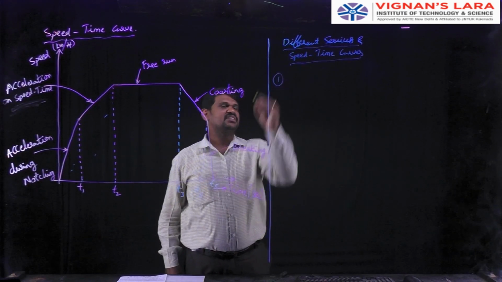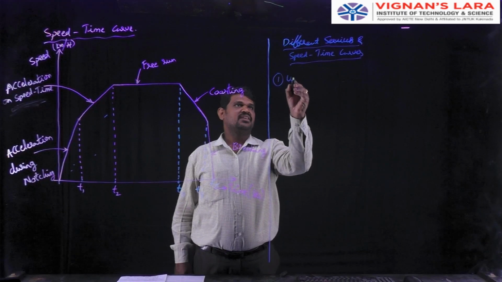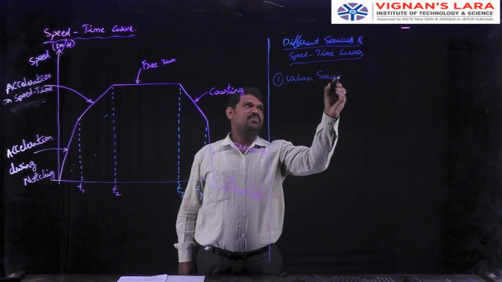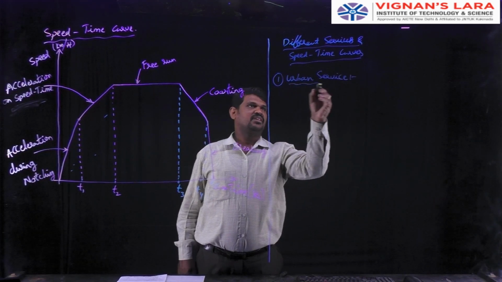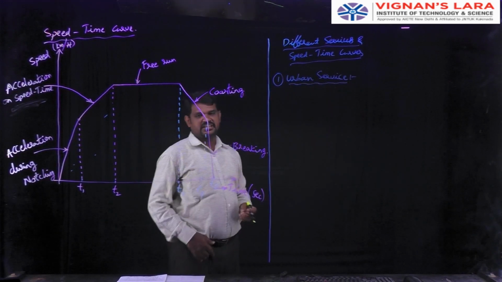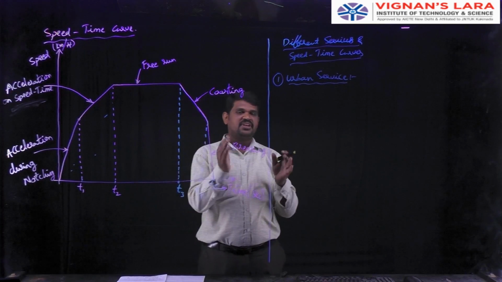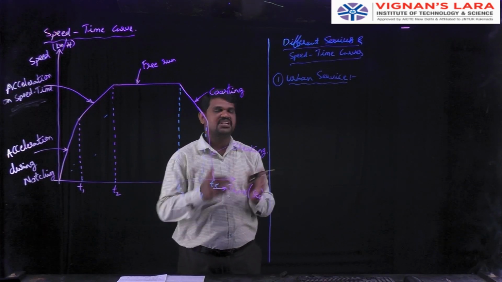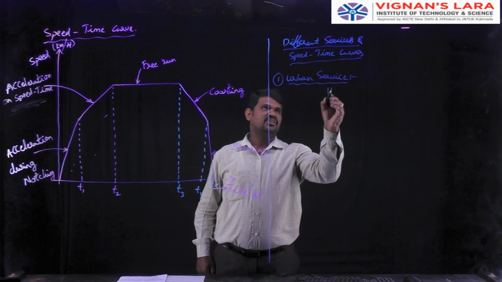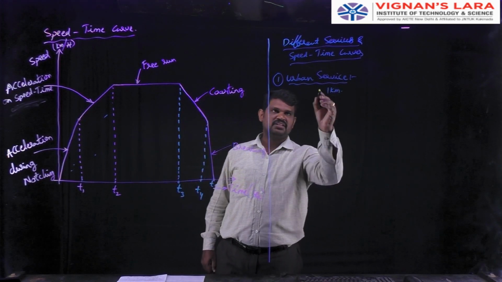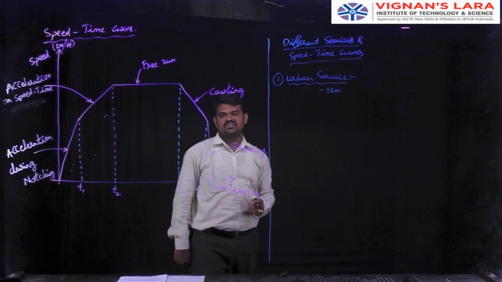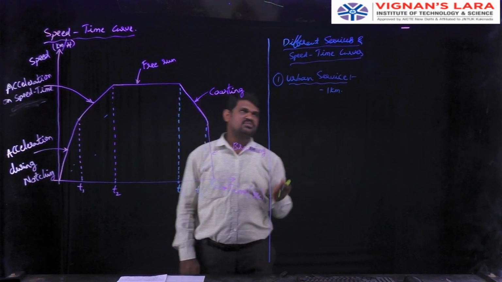The first service is the urban service. In urban service, the distance between two stations is in the order of 1 kilometer. Urban service is also called the city service.